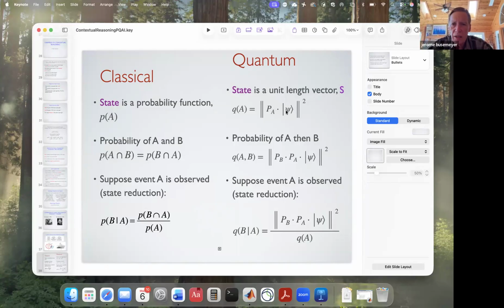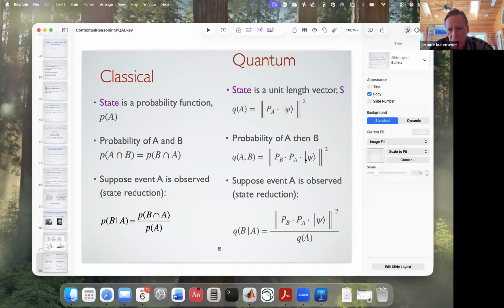So this is a vector in a space. If we had a 100-dimensional space, this would be a 100 by 1 vector, and this would be a 100 by 100 matrix. We multiply the two, which projects the state onto this subspace. Then we take the squared length, and that gives us the probability. When we look at the probability of A and B in classic theory, it's commutative.